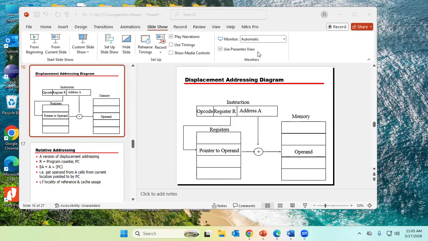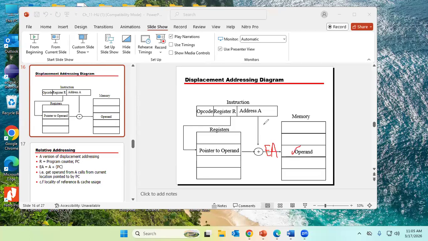So don't forget, guys, the adding of this and this will lead to the effective address. And then we go to the memory at this effective address to get the operand.